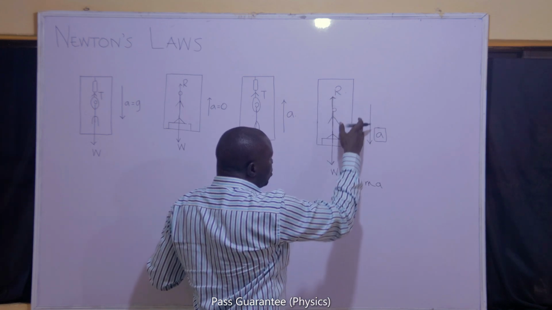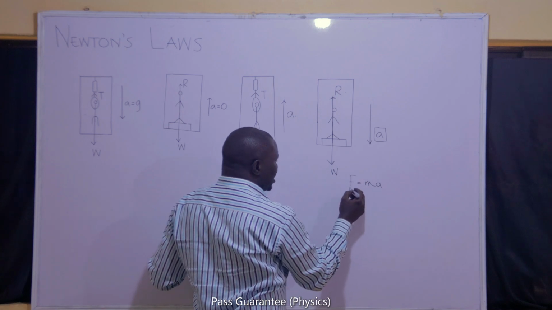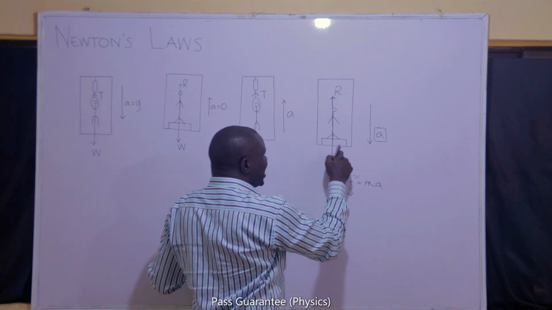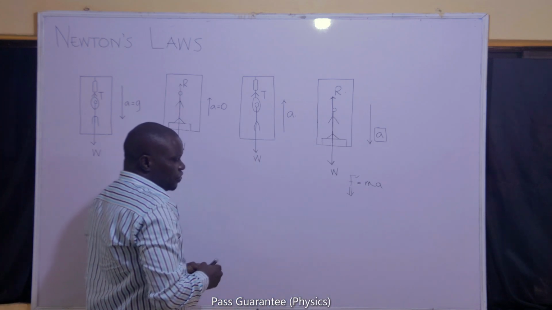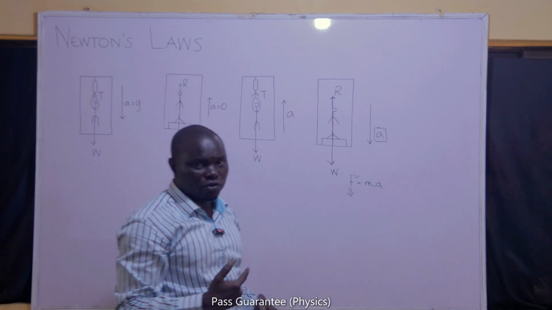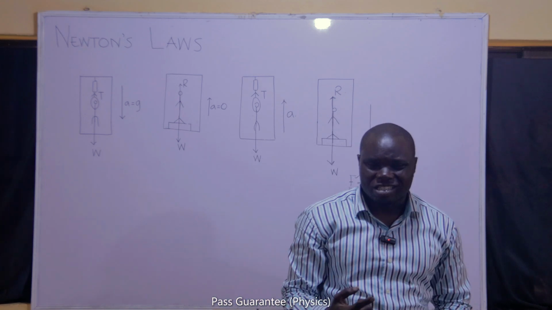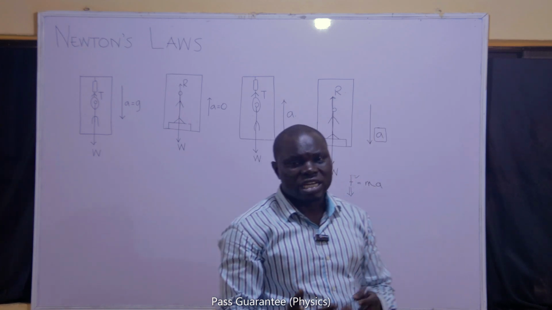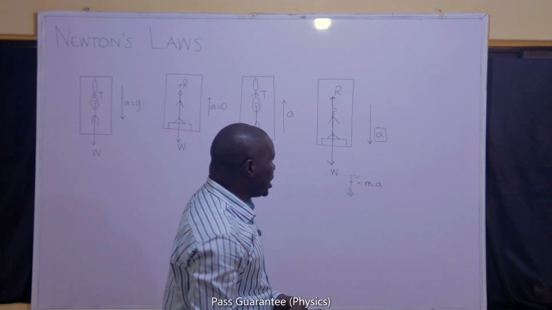Because you are moving downward with an acceleration, the force we are going to use here is neither of the two forces, it's the resultant of the two forces. If you have one force on you, that is the force responsible for the acceleration. But if you have more than one force on you, you have to find the resultant of the forces. That is the force that will be responsible for your acceleration.